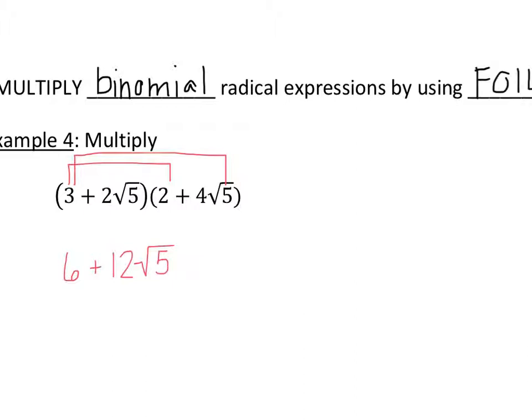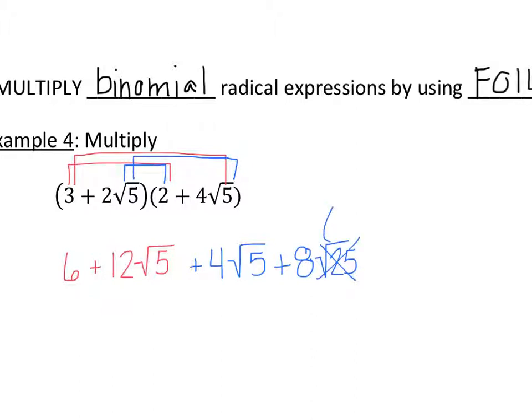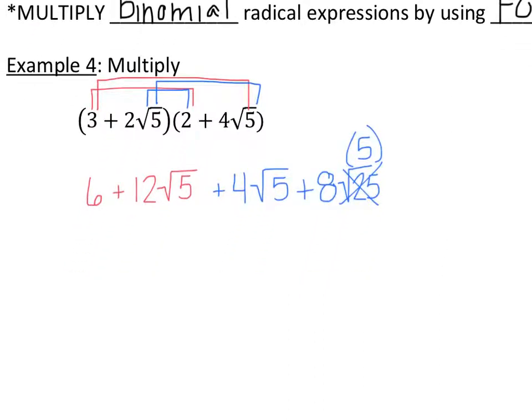Okay, now inside times inside, 4 square root of 5. Okay, and last times last, 8 squared, that's 25, so that's really 5. All right, I'm going to simplify a little bit.